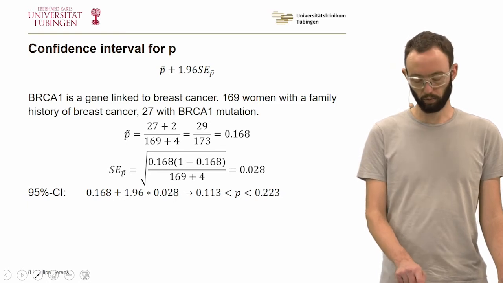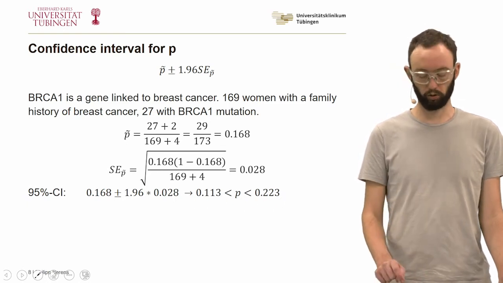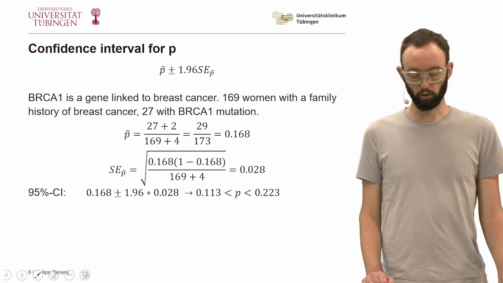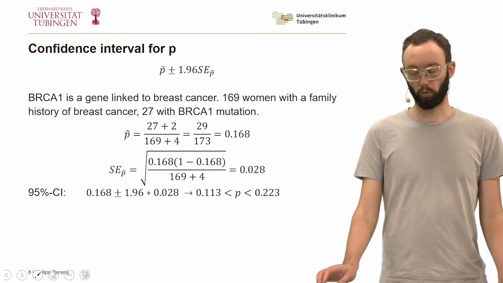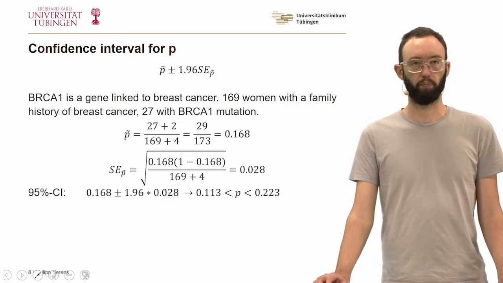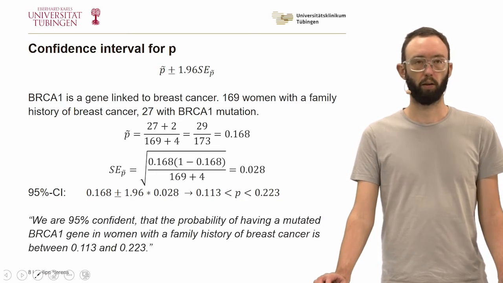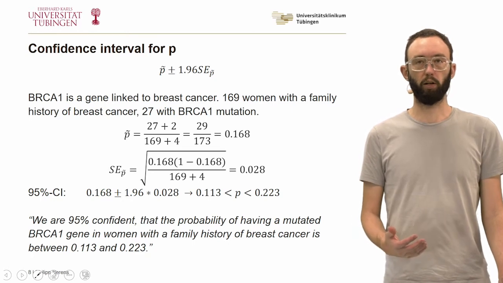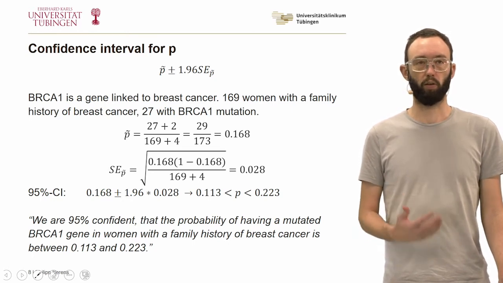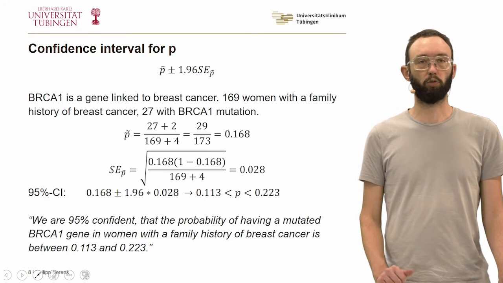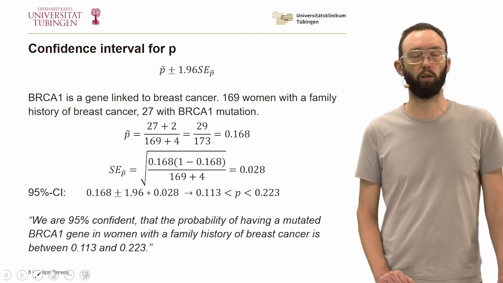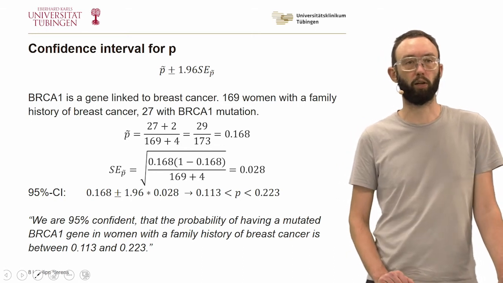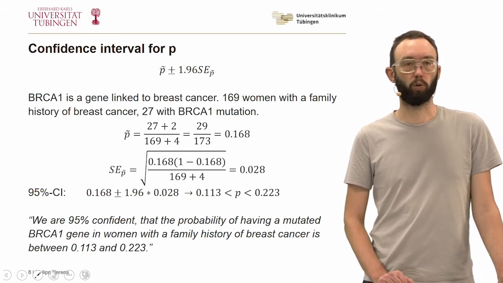So that means that we are 95% confident that our population proportion is between 0.113 and 0.223. And we can summarize this in a sentence: we are 95% confident that the probability of having a mutated BRCA1 gene in women with a family history of breast cancer is between 0.113 and 0.223.